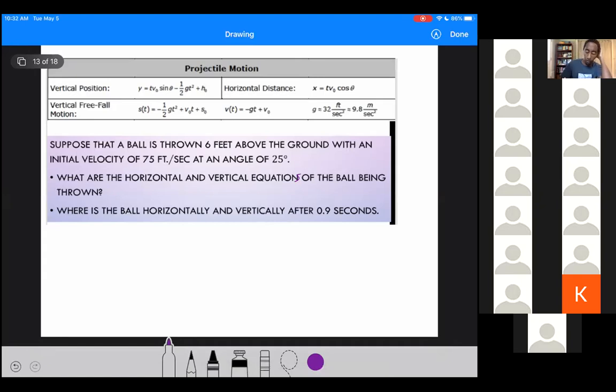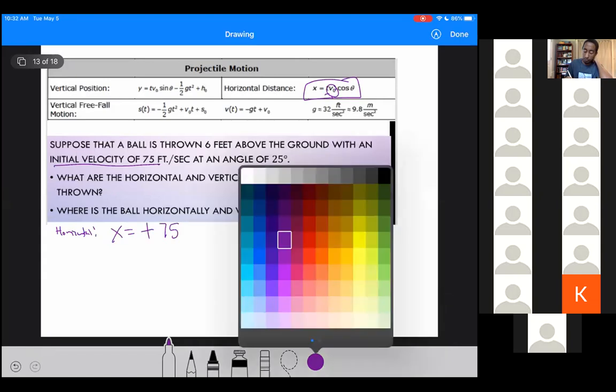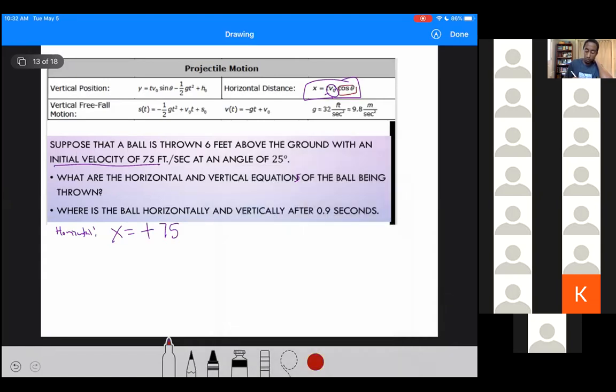So let's say you wanted to write the equations of the ball being thrown. Let's start with the horizontal. We're using this, which shows the horizontal distance of the ball. So it would be x equals t, which is time, times v0, the initial velocity, which in this case is 75, times cosine of theta, which in this case is 25.